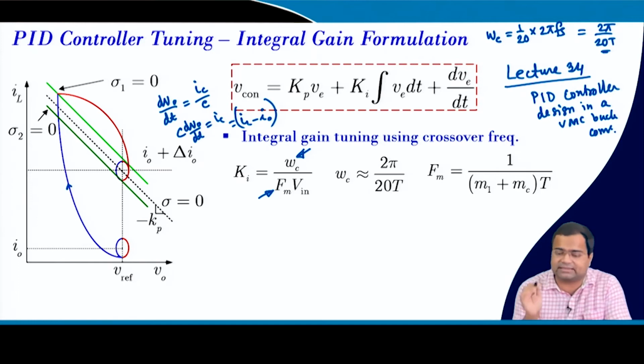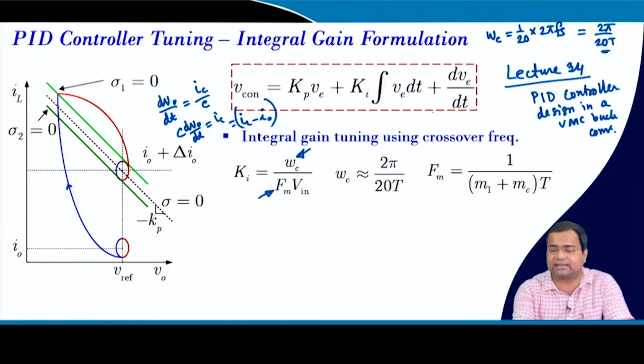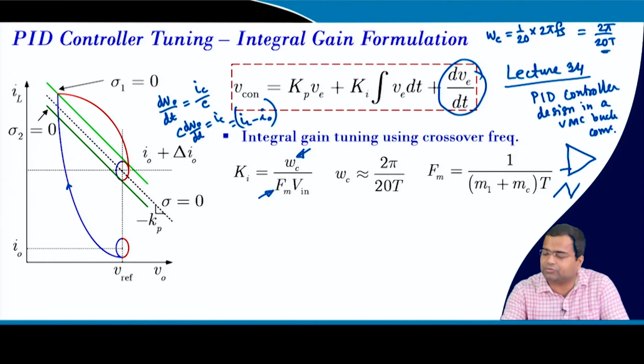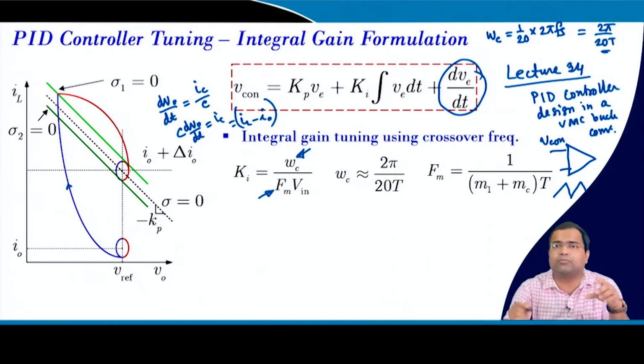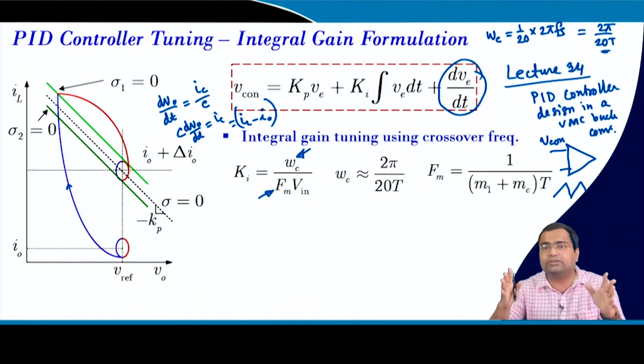So, that means the rising slope, the modulator gain here, since we are using a derivative action, it is injecting the inductor current information. So, even though you can use a separate sawtooth waveform, here we are taking a combination of the derivative of the output voltage, which carries the ripple information of the current, as well as the sawtooth waveform.